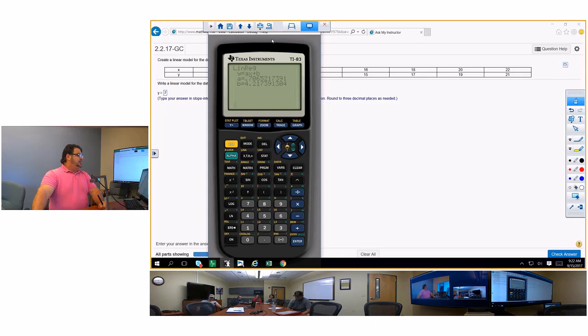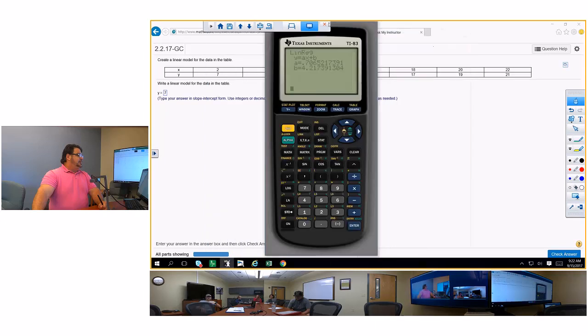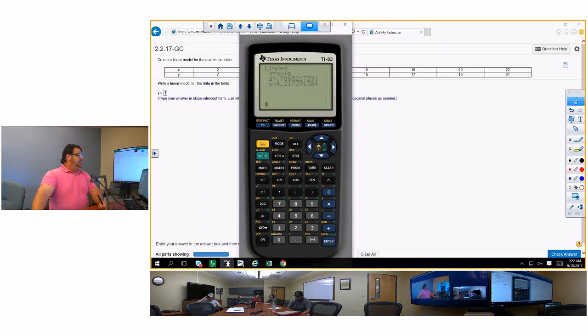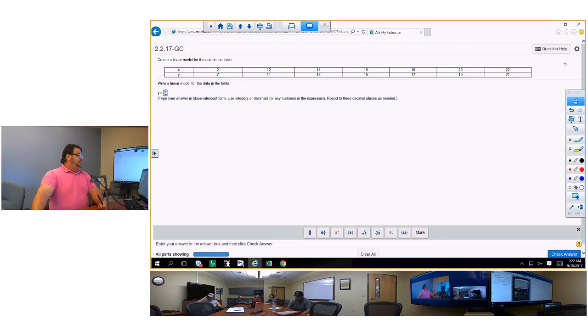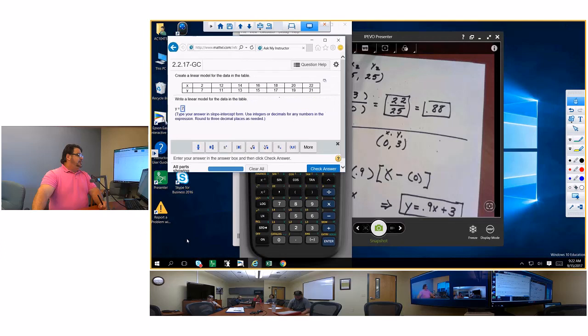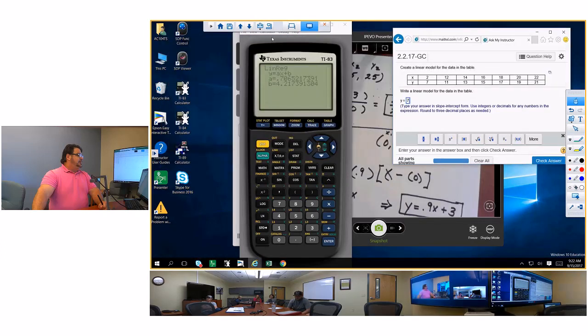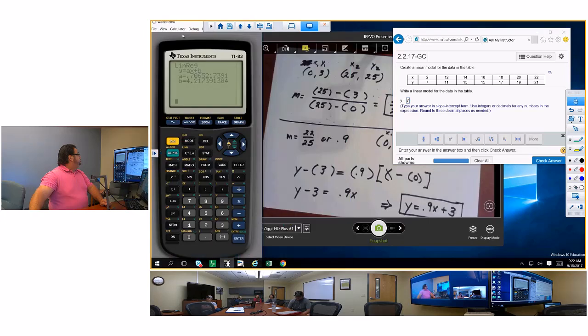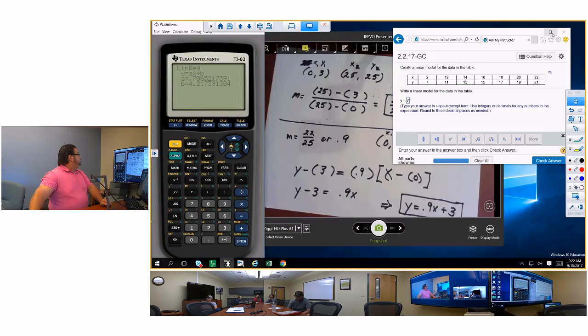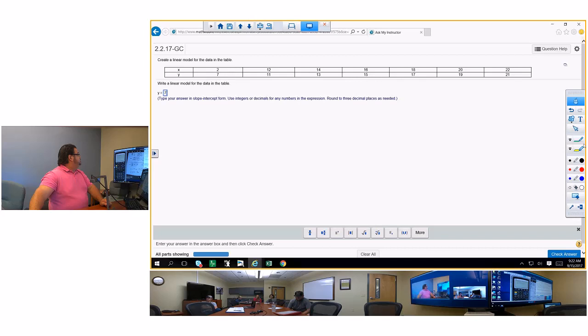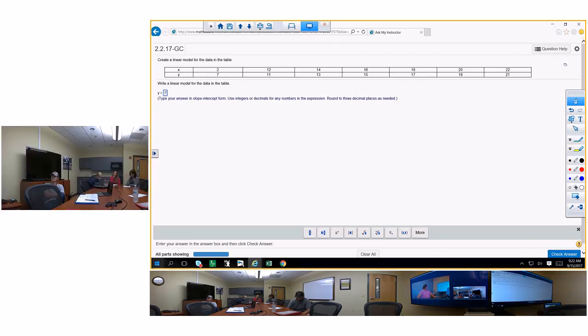is, what is the linear model, so you would punch in y is equal to, hold on a minute. This would be so much easier with a board. Just give me a second.